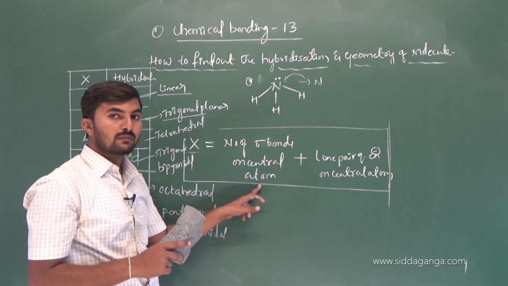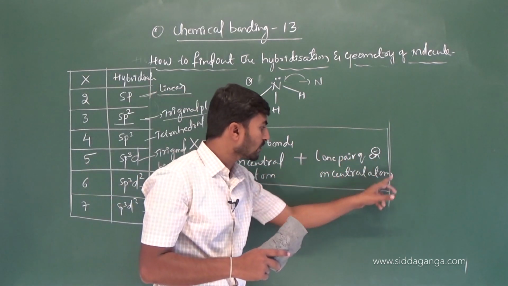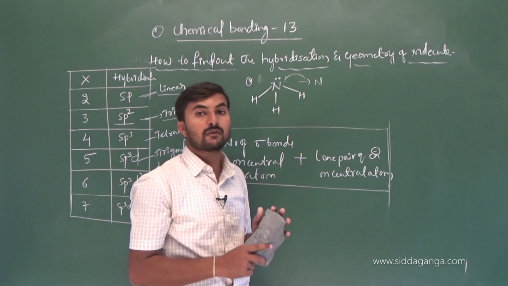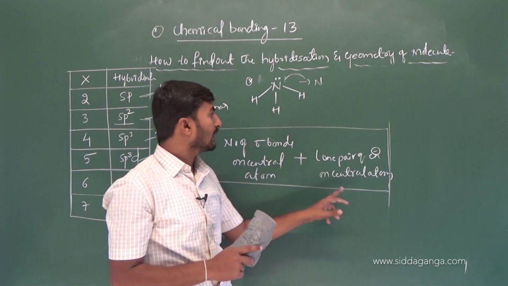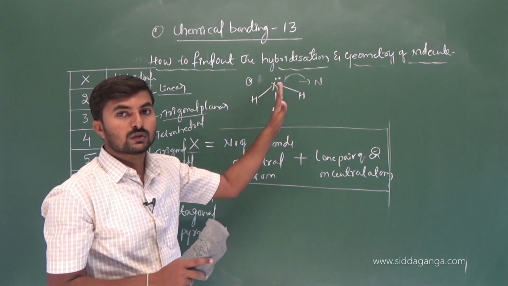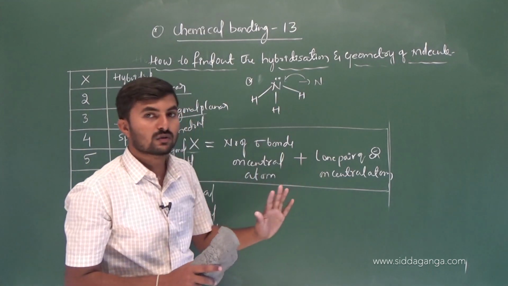At the same time, we also need to know how many lone pairs the central atom is having. So we need to know the structure of the molecule first. If we know the structure, then it becomes easy to calculate.